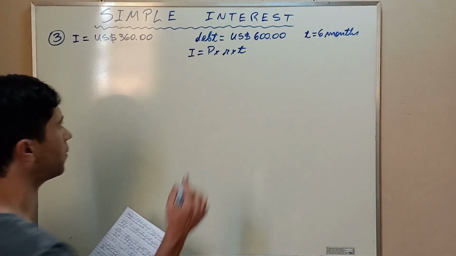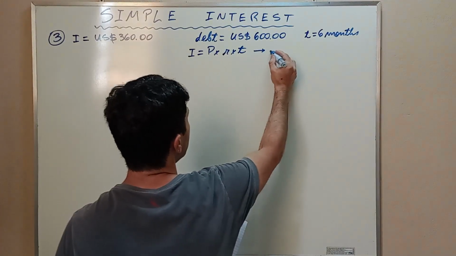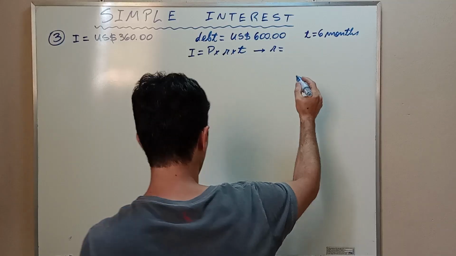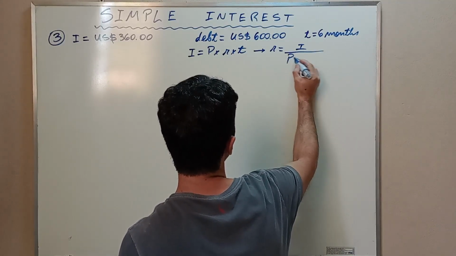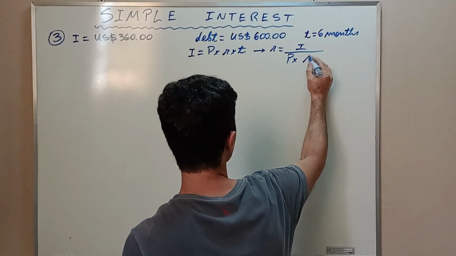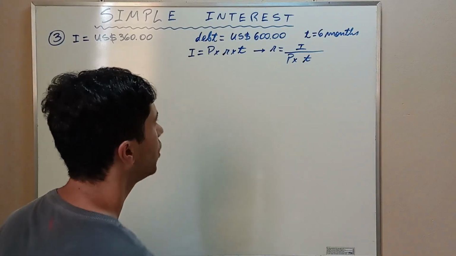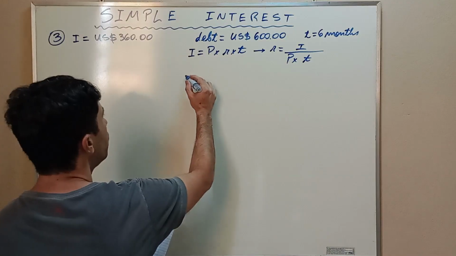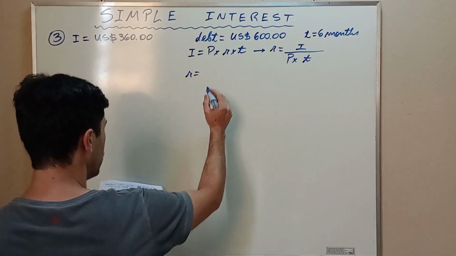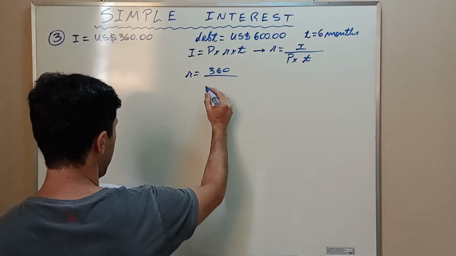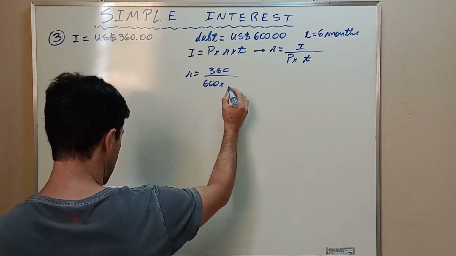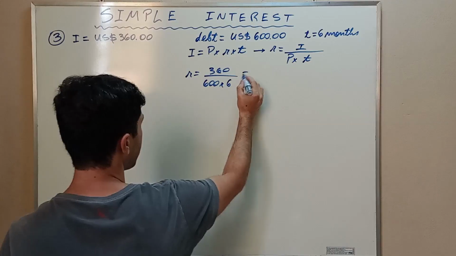So the rate will be equal to the interest divided by the principal times the time. Okay? Consequently, the rate will be equal to 360 divided by 600 times 6.